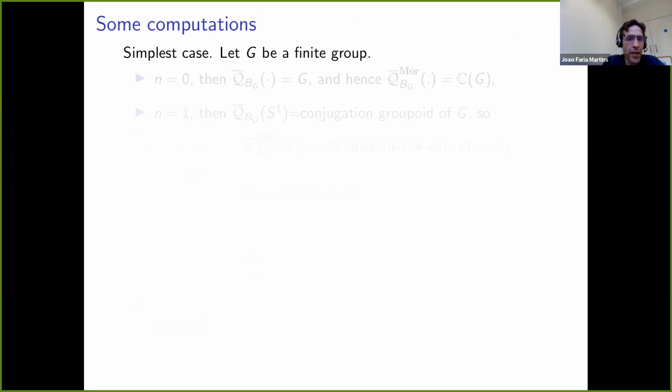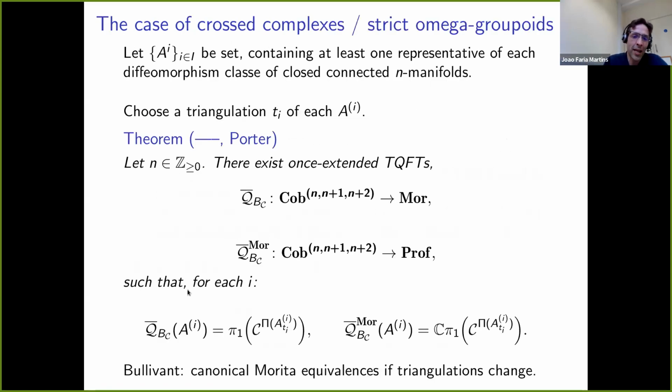Right, so examples. Quickly, time for examples, and I'm going to take the simplest possible case because I have too much abstraction. So let's look at the case of G, a finite group, which we can always convert to a crossed complex. Everything is trivial beyond dimension 0. So for any n, we have a once extended TQFT.